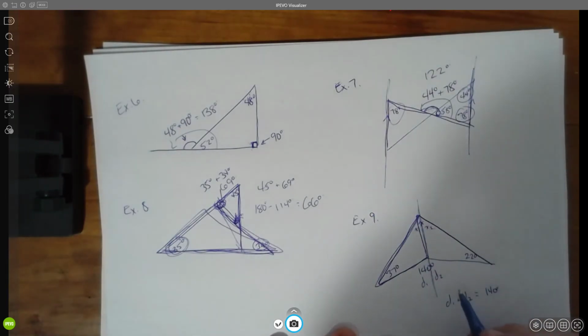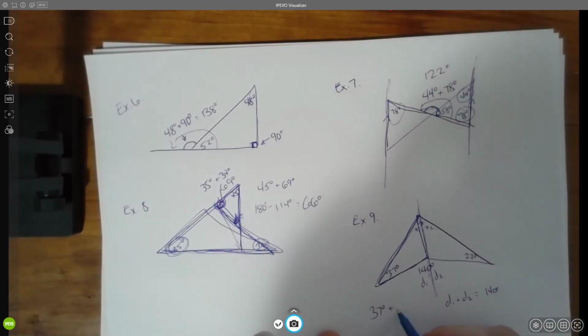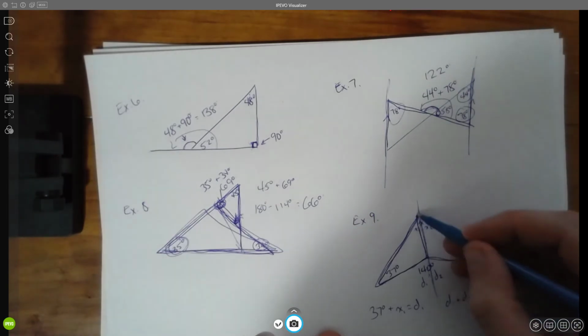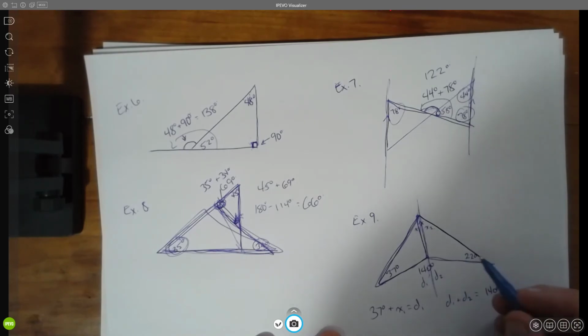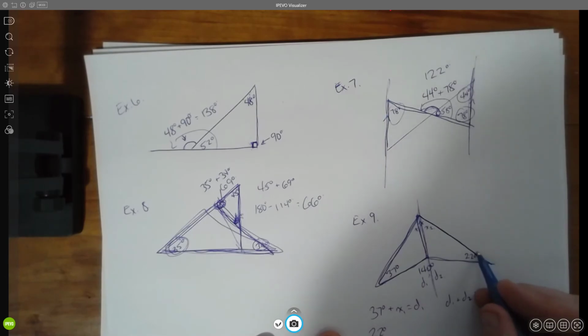In that triangle, we know that D1, this exterior angle, is 37 degrees plus X1. So that equals D1. If we take a look at the next triangle, ACD, this triangle here, we know that 22 degrees plus X2, using the opposite angles here, gives me D2.